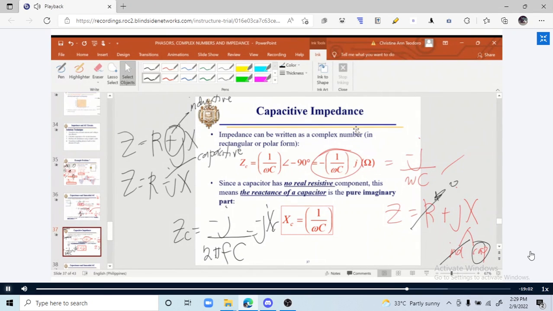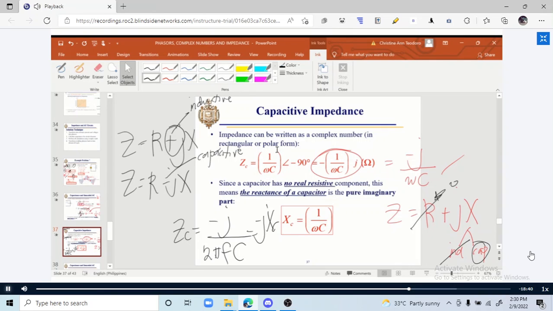So for the capacitive impedance, since it is a purely capacitive load, we cannot have our R or our real part.